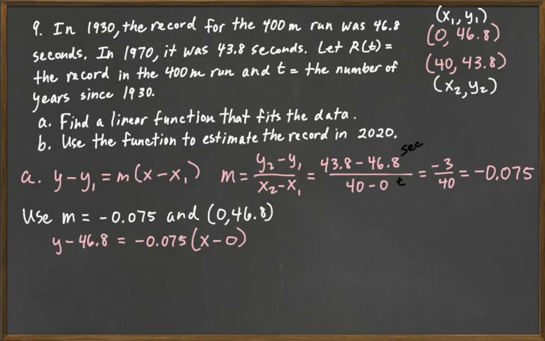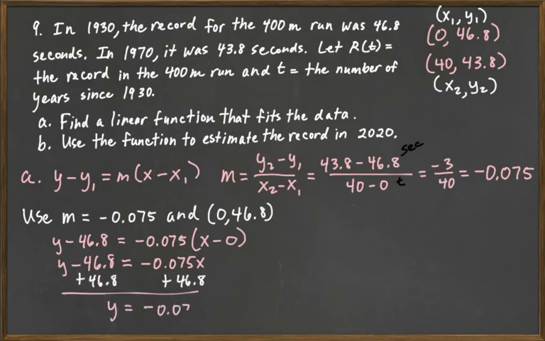And so this will simplify quite easily. On the right, we can just write that as negative 0.075x. So we get y minus 46.8 equals negative 0.075x. We'll add 46.8 to both sides, and we get y is equal to negative 0.075x plus 46.8.